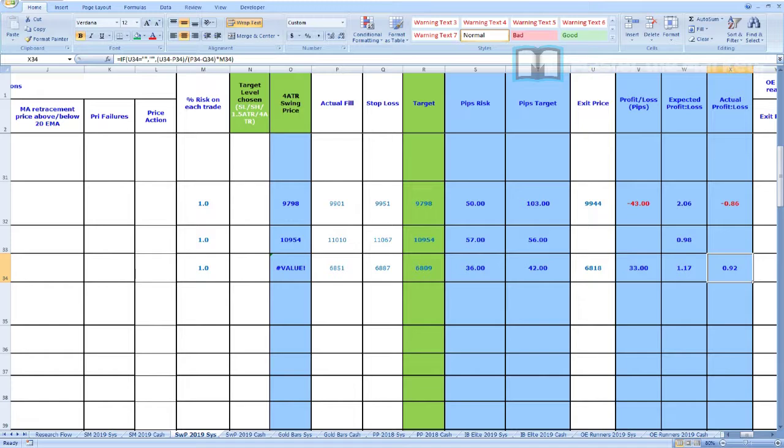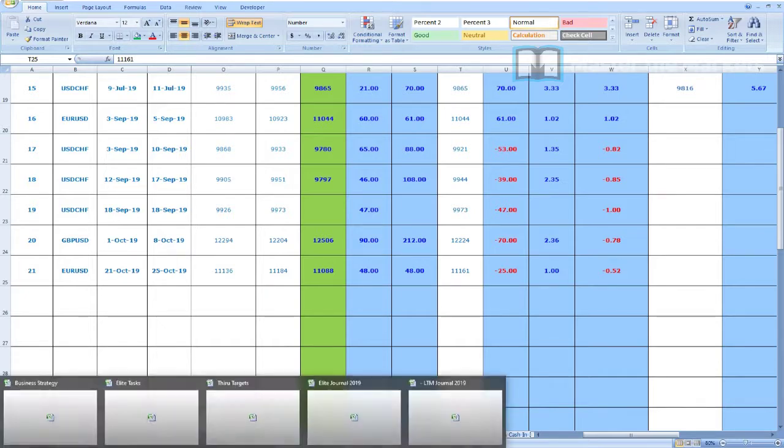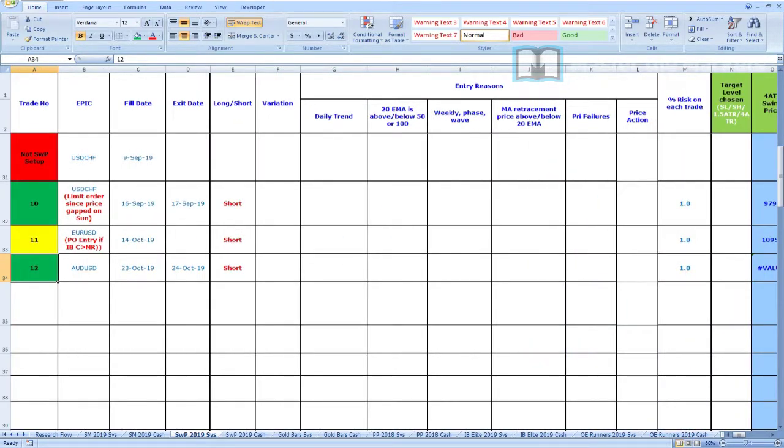Okay, great. So when we add that all up, what do we then have? Let me just check on the elite. Right, so live trading room minus 0.52%, elite room is plus 0.92%, we got minus 25 pips here, and we got plus 33 pips here.